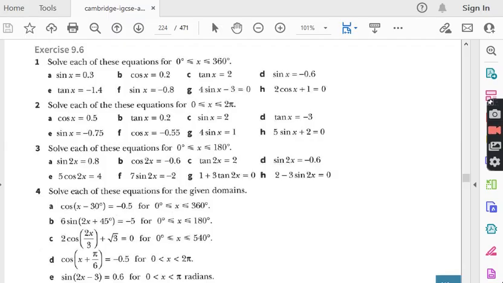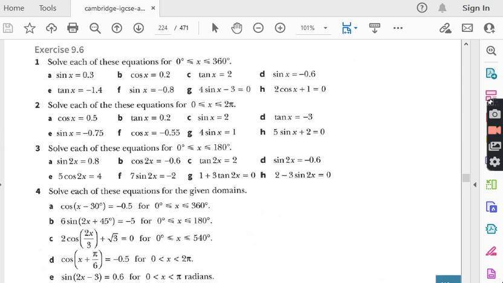What next? Almost the same question, but the difference is the angle. In question number 1, angles are given in degrees, and in question number 2, angles are given in radians.